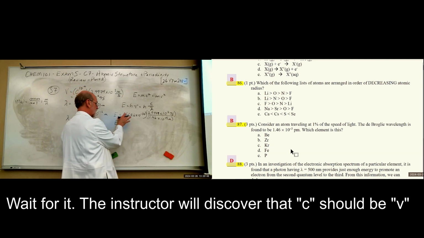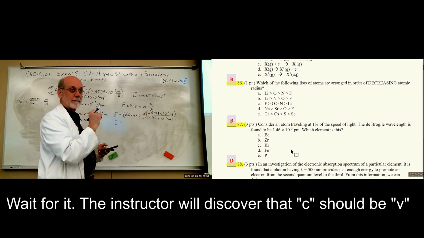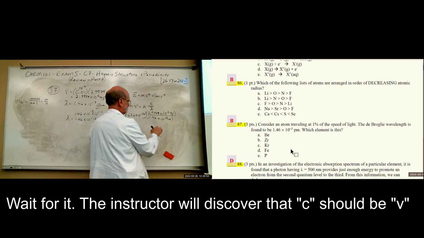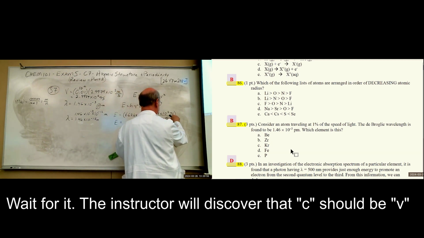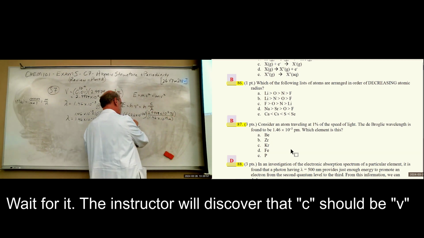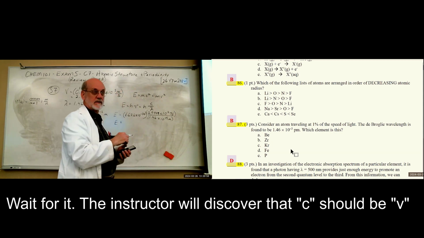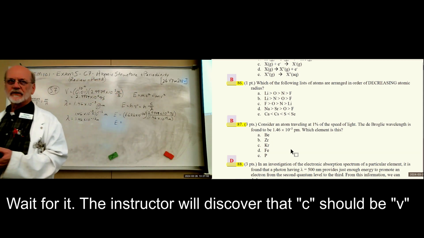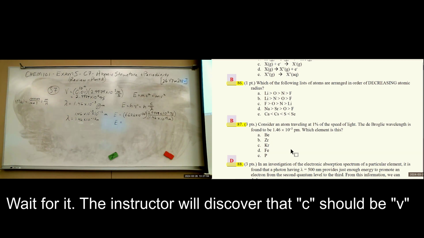If you use this formula, the meters cancel out and give you reciprocal seconds, but then Planck's constant has units also. I have to look them up. Here we go.